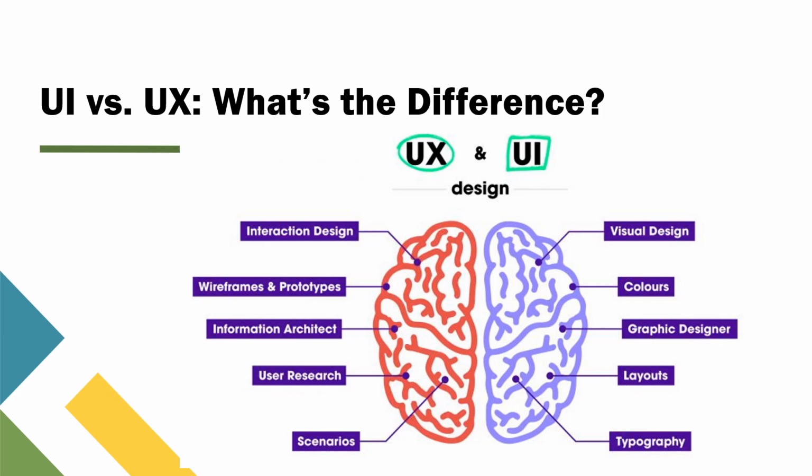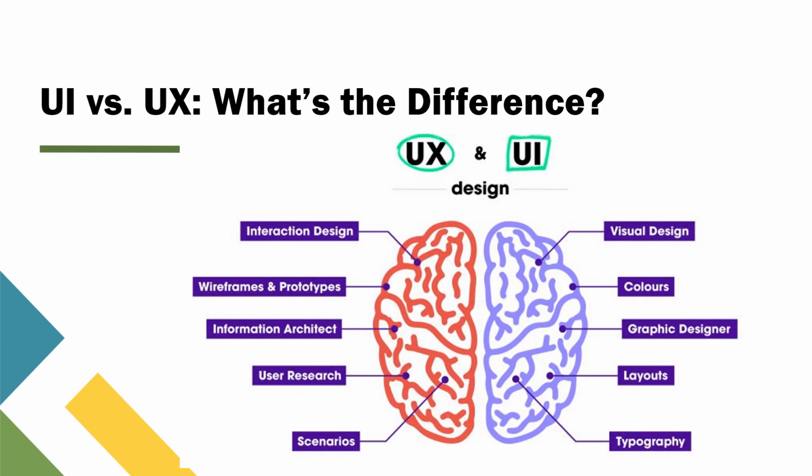A talented UX designer is going to possess traits like, again, empathy and creativity to put themselves in the user's shoes, but also be excellent critical thinkers. Now, what's the difference between UX and UI design? UX is the feel of the product, the app, or the website, whereas UI is the look of the product, the app, or the website.